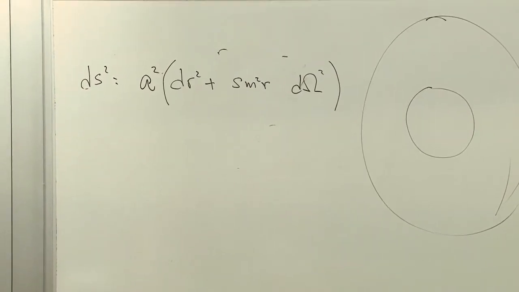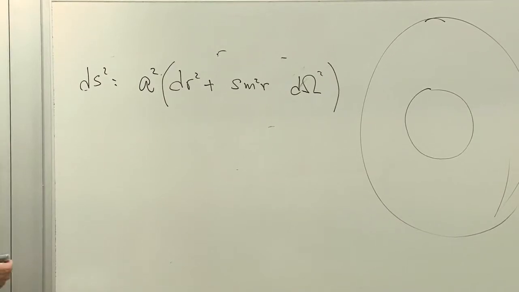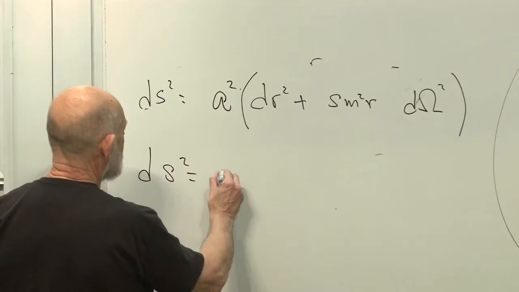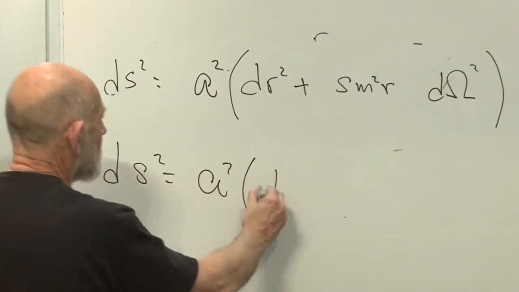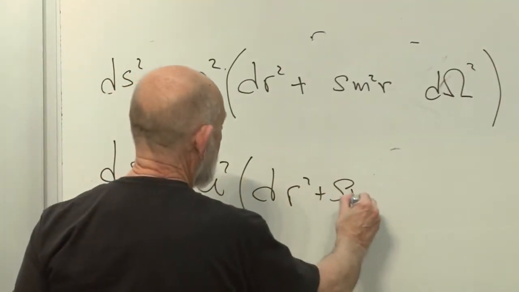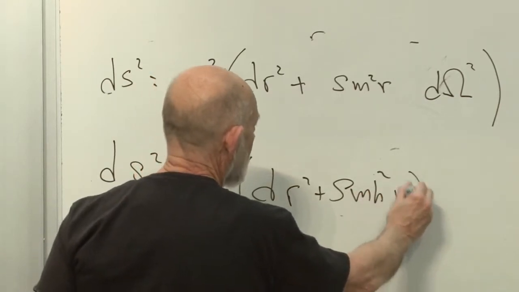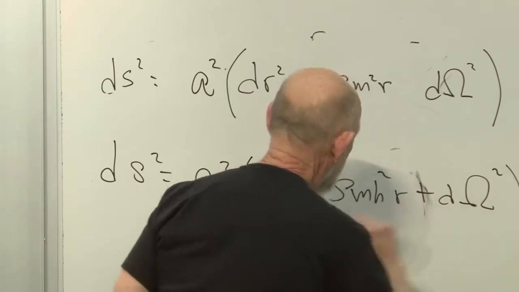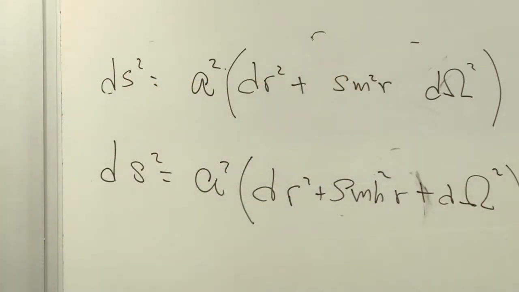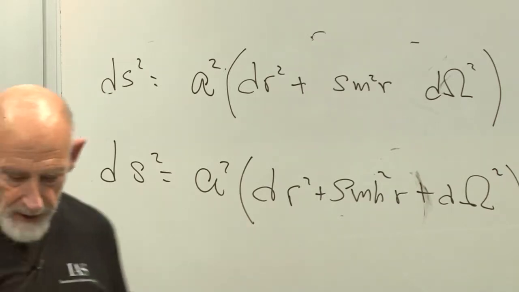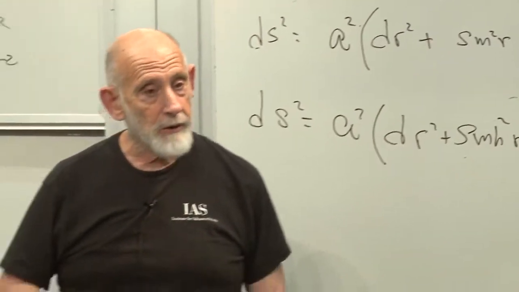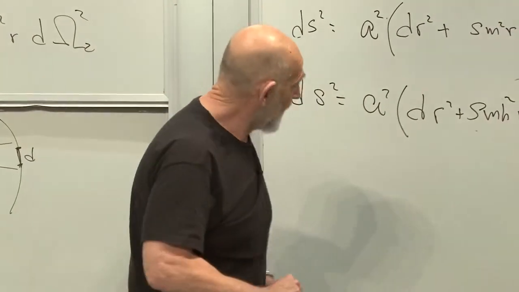What about the hyperbolic geometry? Same thing. ds squared is equal to a squared times dr squared plus hyperbolic sine squared r d omega squared. And that's the hyperbolic geometry of radius a. So we can accommodate not only unit spheres and unit hyperboloids, but arbitrary hyperboloids of arbitrary dimension.